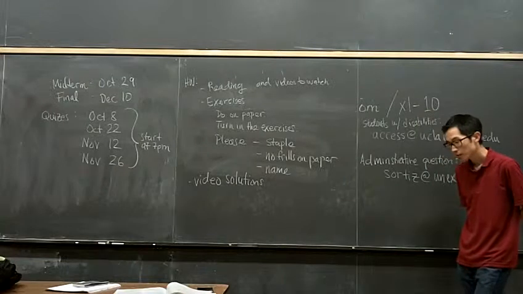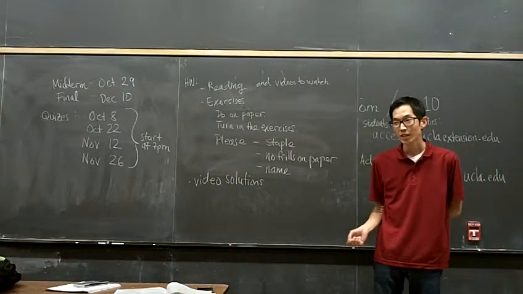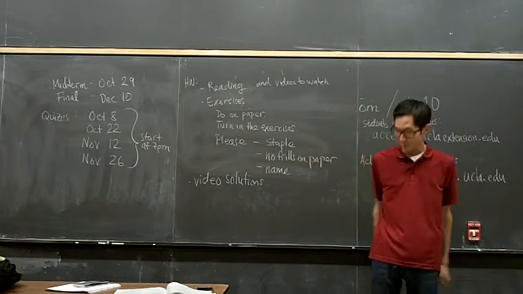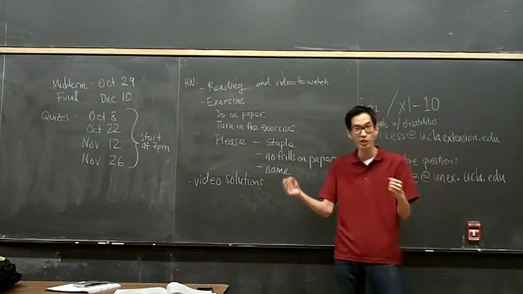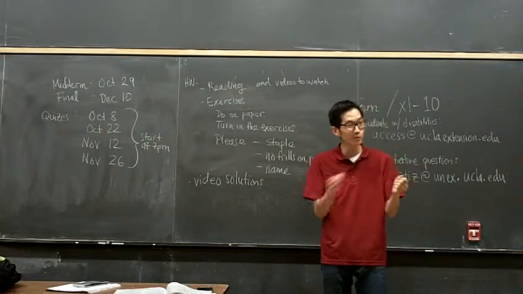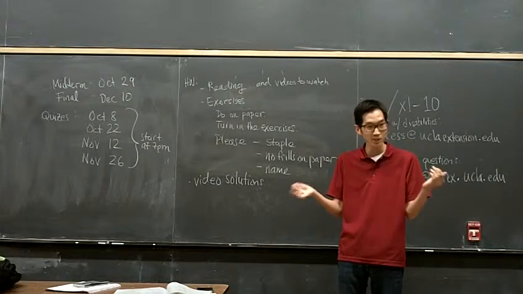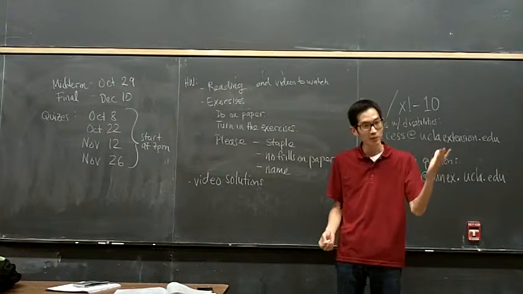Now, when I grade your homework, this is my little secret: I don't check every single problem in great detail. I usually just flip through it and count the number of problems you did. If it looks like you did the whole assignment, I'll give you full credit.